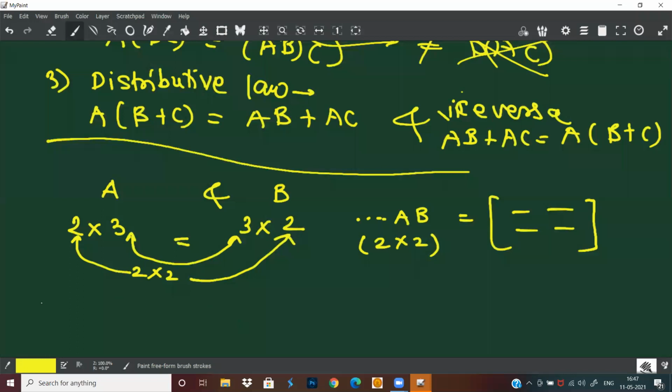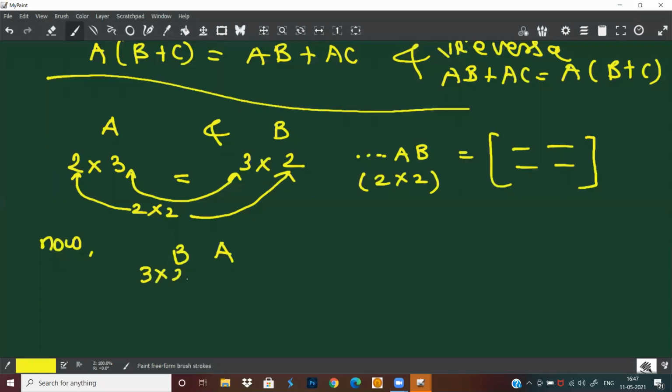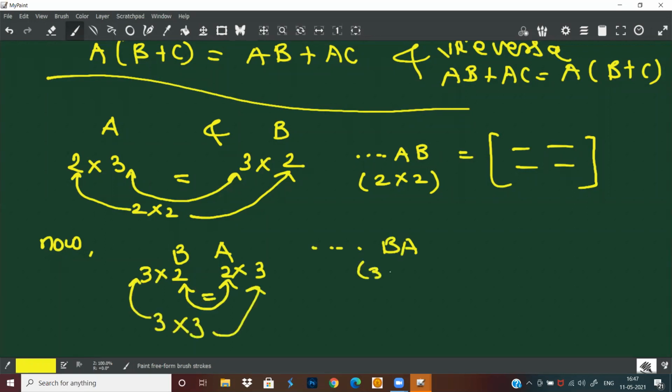Now with the same matrices, if I want to find BA, the order of B is 3 by 2 and the order of A is 2 by 3. The number of columns of the first equals the number of rows of the second, so my BA will exist. But what will be the order of BA? 3 by 3. So my BA will have 3 rows and 3 columns.